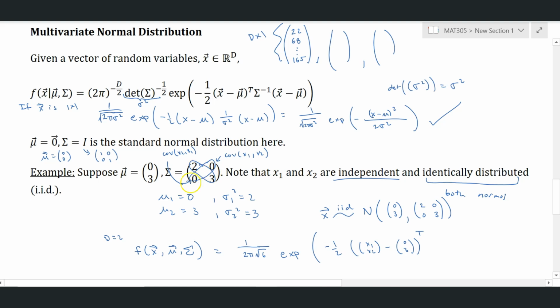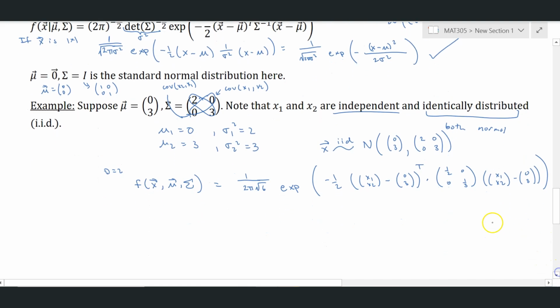Because the entries above and below the diagonal, from top left to bottom right, are zeros, the inverse in this special case will simply come out to the reciprocal of the diagonals and then zeros. Now remember, this is only true for this kind of matrix. That's why I picked this. And that would give us the inverse of that matrix. In fact, if you multiply these two together, you should see that you get the identity. And then once again, multiplied by the non-transposed x minus mu vector.